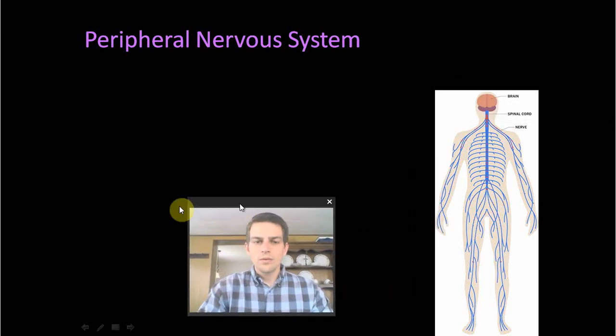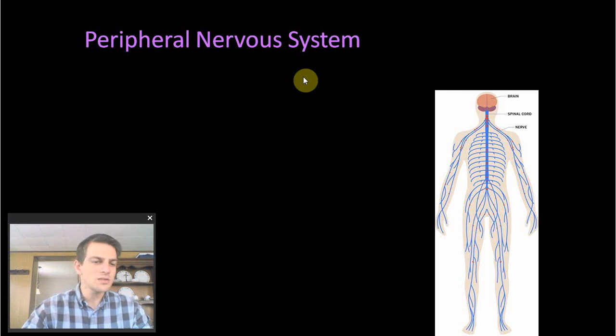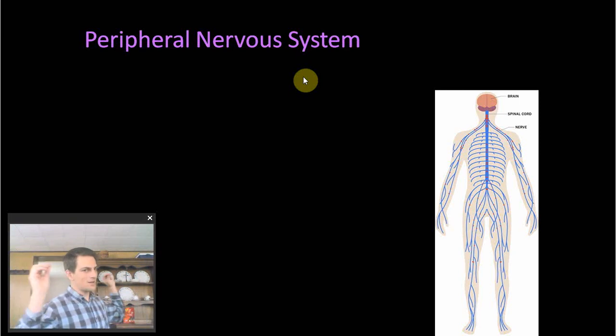So we talked about the central nervous system. Now here is the peripheral nervous system. It's similar to the axial and appendicular skeleton, which is like the central and peripheral nervous system. When you think about your peripheral vision, that's everything on your side. Like right here, I can see my hands still, but I'm not really looking at them, and they're right next to my head.